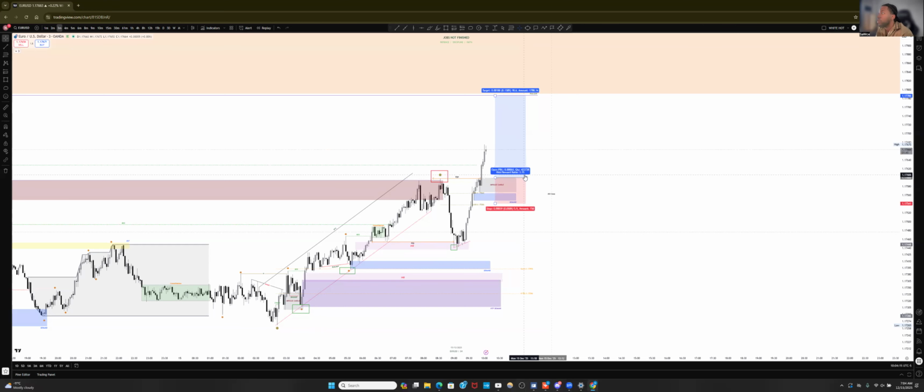Okay, so we can enter from 1.7606 if price comes to that range. Put our stop loss at 786.